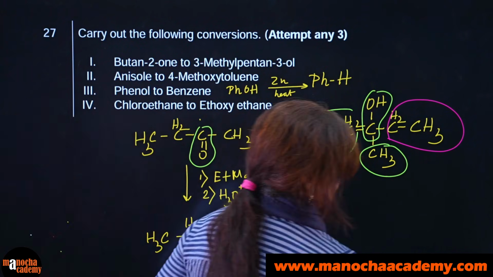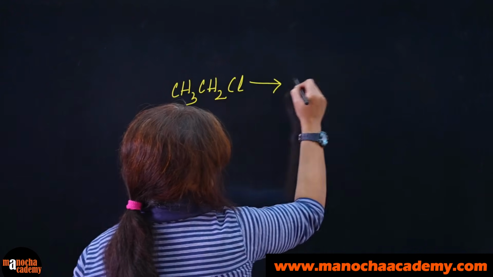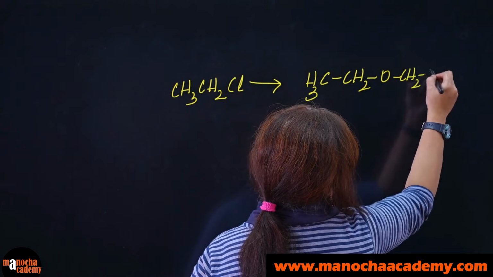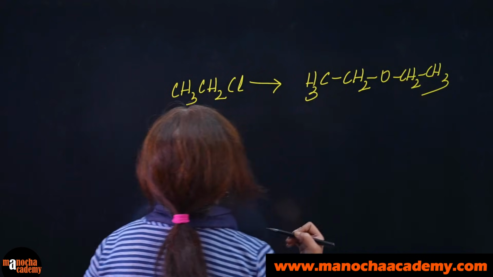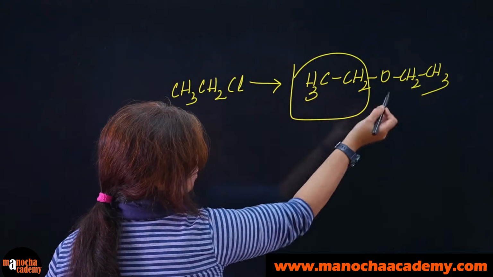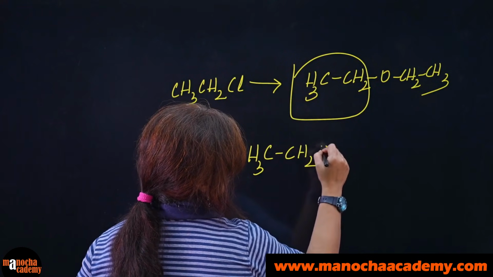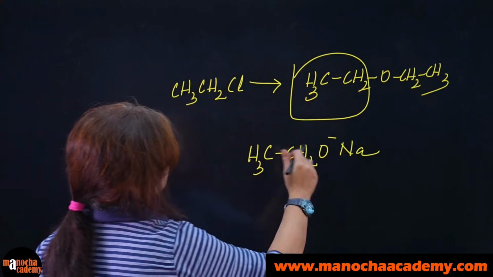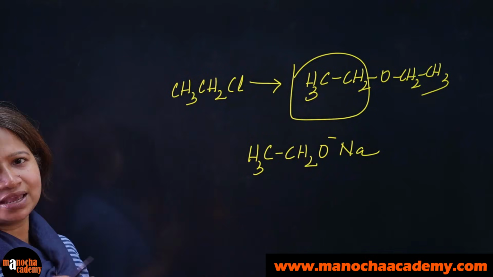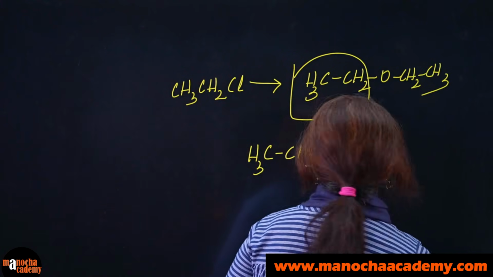For ethoxyethane we use sodium ethoxide, Williamson's reaction. So the reagent is sodium ethoxide, which will give us this product. Nothing more than that. It's a one-step reaction.